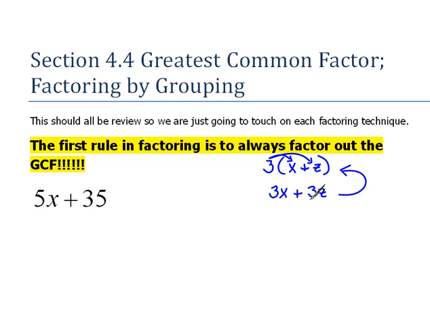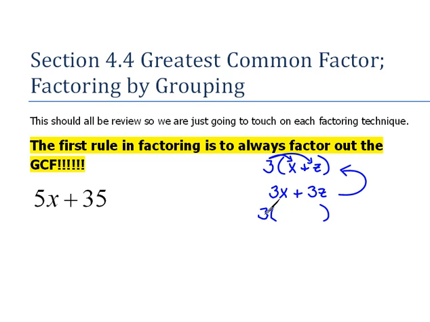Now, can we see that there is a common 3 in both of those terms? So in order to factor it, we would want to do reverse distribution. We're going to pull out that common 3, and we already know what the answer should be. If we work our way backwards to it, maybe it would help.